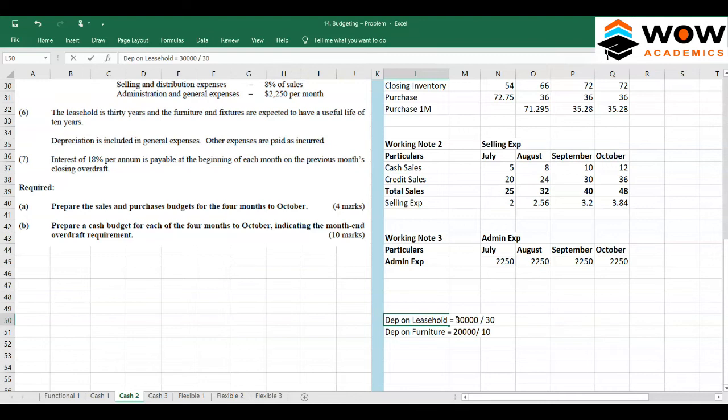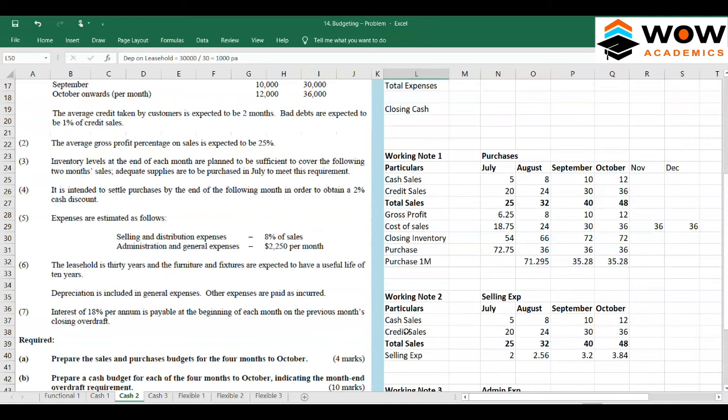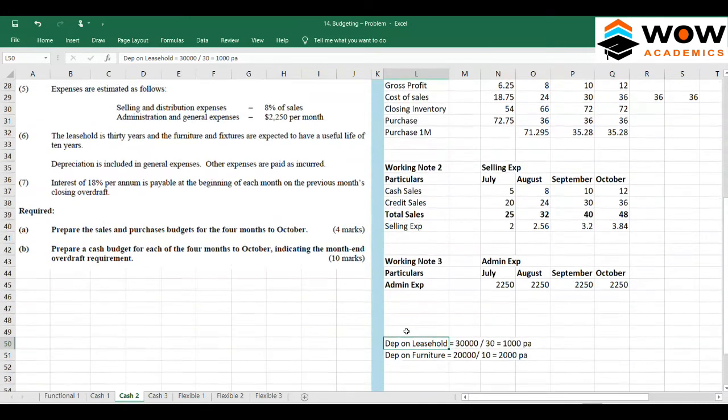So what is its worth? I think it will be 1,000 per annum for the lease, and for furniture it would be 2,000 per annum. We don't want per annum.